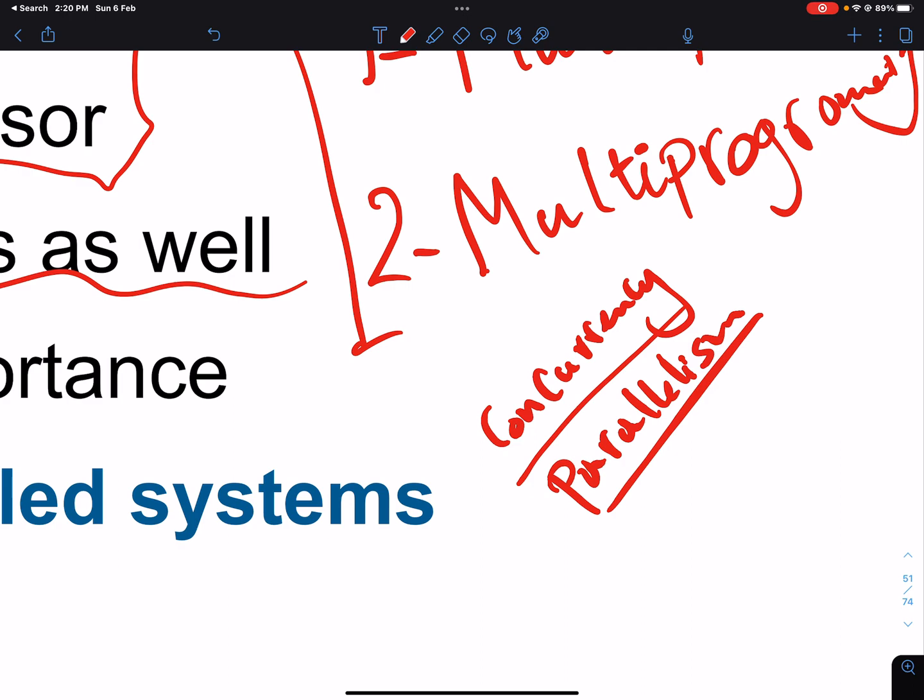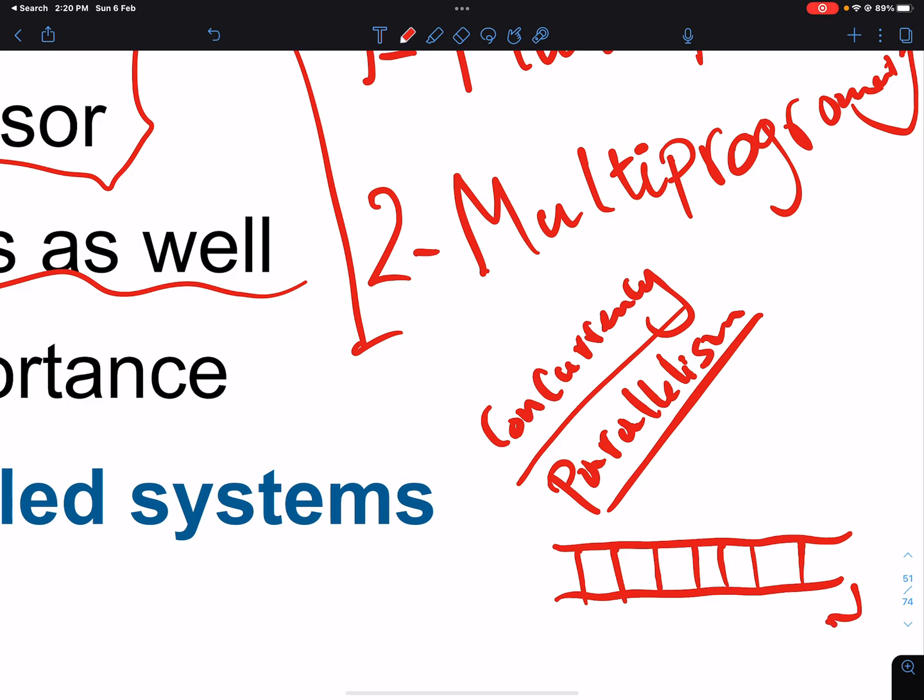Concurrency means that processes share time over the whole process period. As an example, you have here P1, P2, P3, and so on. You assign P1 to execute from time 0 to time 2, and then P2 will execute from time 2 to time 4, and so on. This is concurrency. Parallelism means that they all execute at the exact same time.